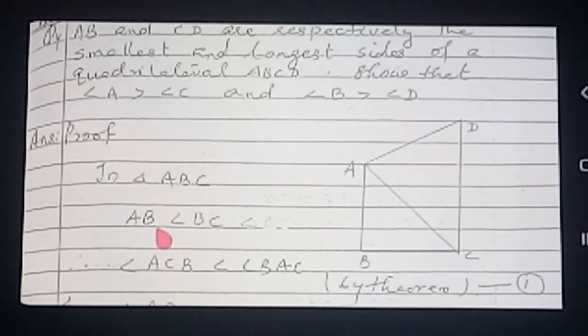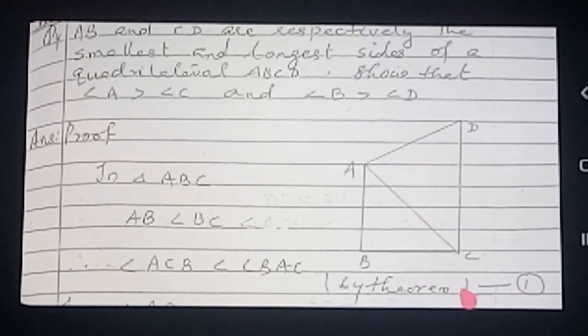Clear now? Yes. AB is less than BC, already you know in this question. Therefore, the angle opposite to side AB is always the smallest one. So what I have written here: ACB is smaller than BAC. Keep it as equation number 1.